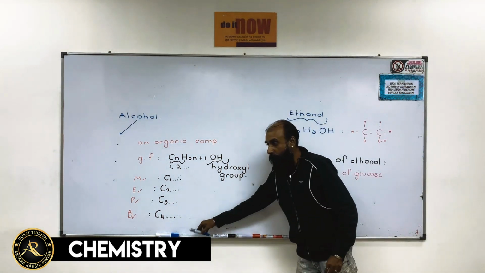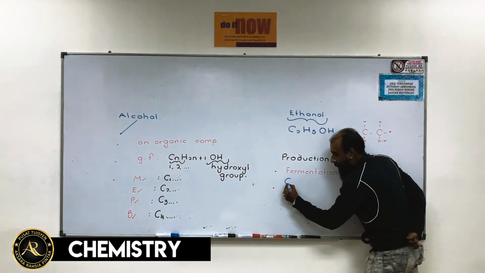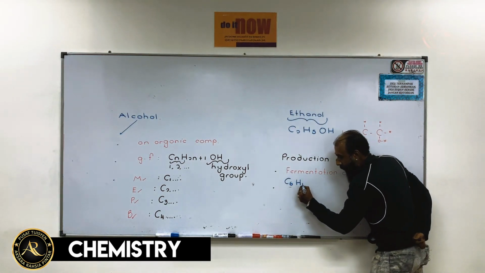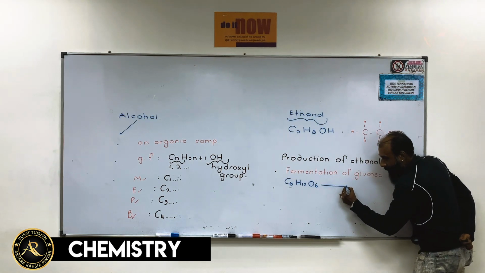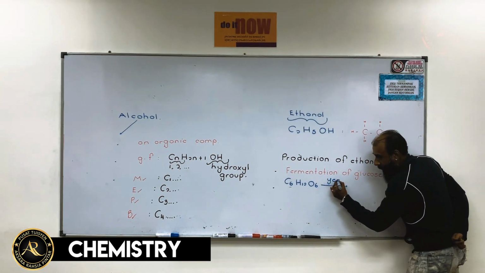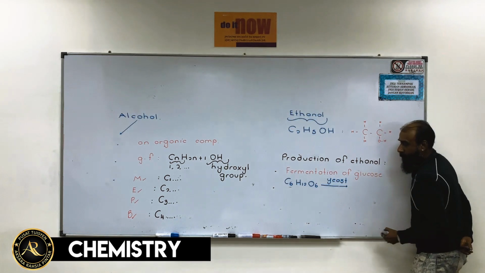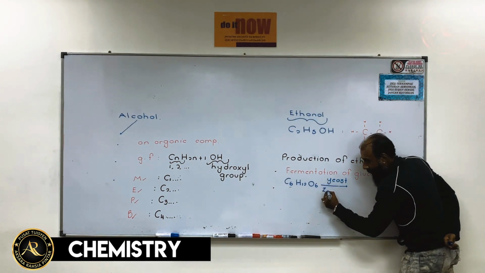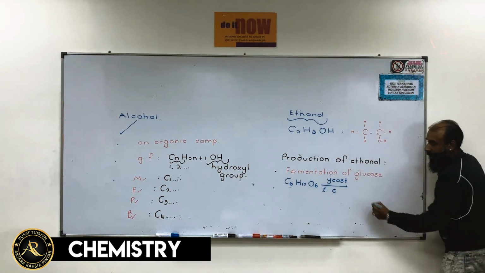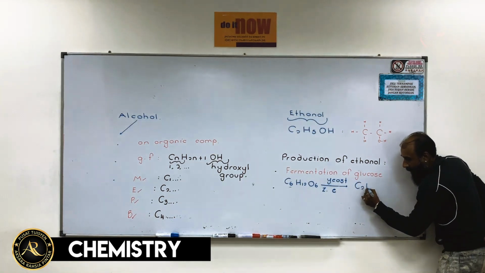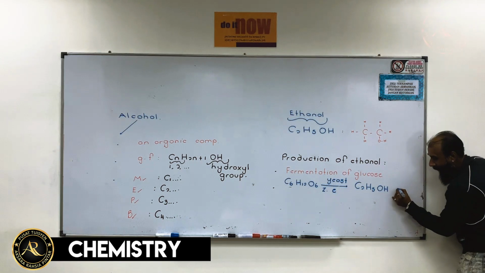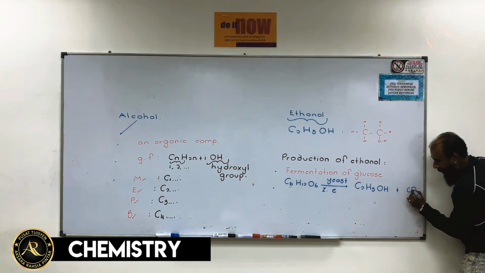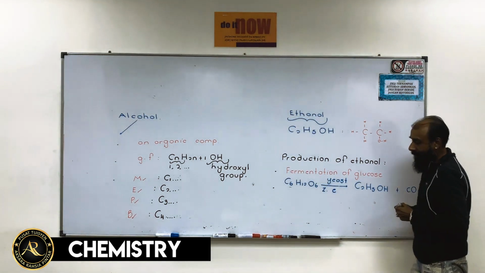The chemical equation: C6H12O6. We add yeast, which provides zymase enzyme, and the product is ethanol and carbon dioxide gas.